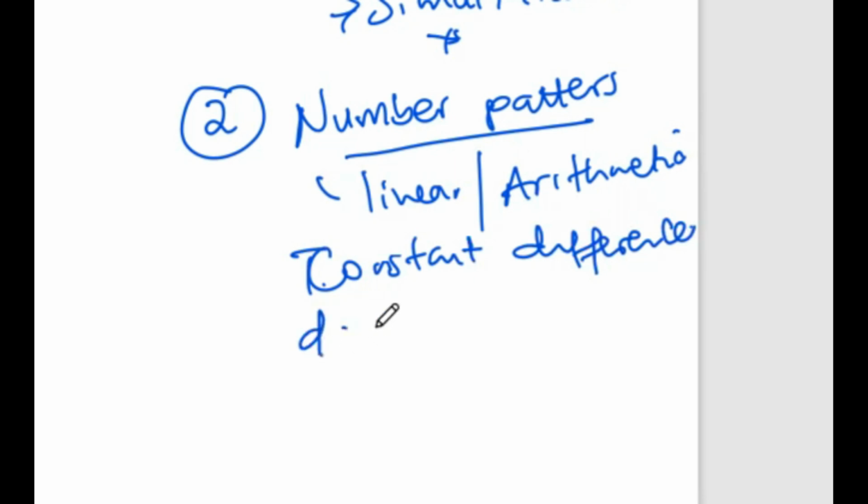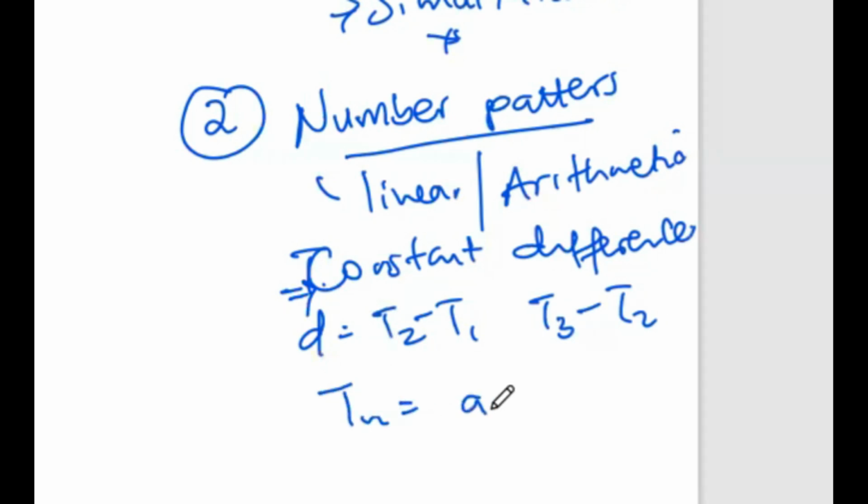For us to get d, we get T2 minus T1, or T3 minus T2, and so on. The general term is always an plus b, or bn plus c, or whichever format you want to write it.